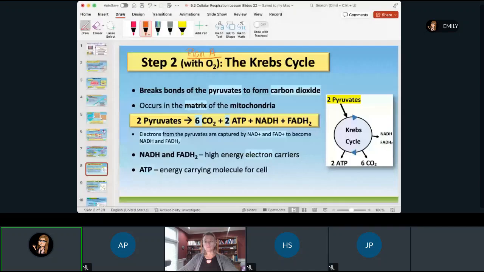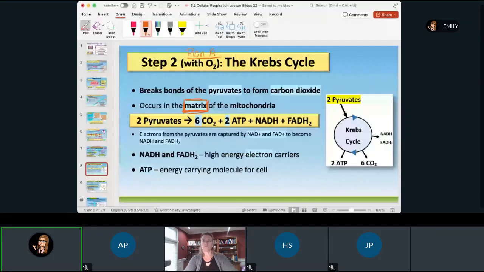That's more advanced than we are going to go in this class, but if you're curious, you can find it in the bottom few slides. All you need to know is that the Krebs cycle breaks the bonds from the pyruvates to create carbon dioxide, and it occurs in the matrix of the mitochondria, your jelly-filled center.